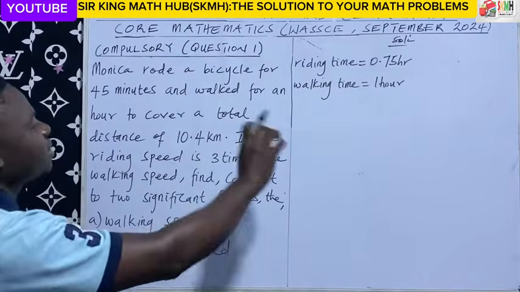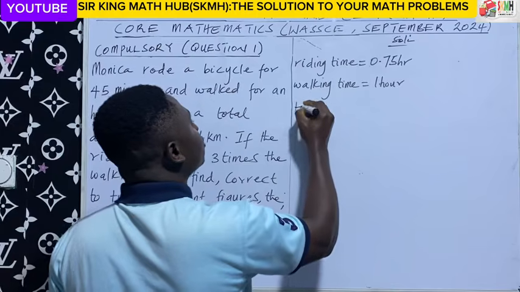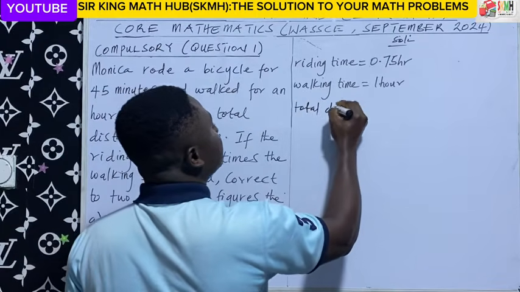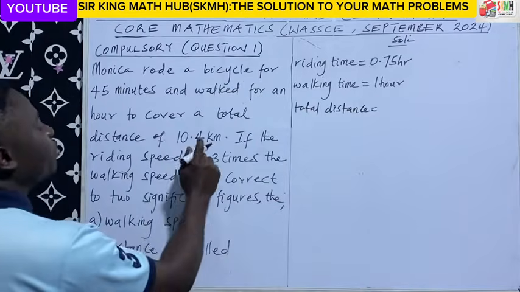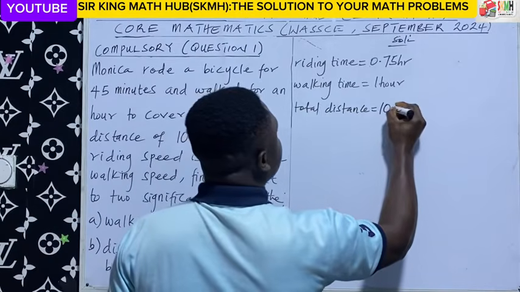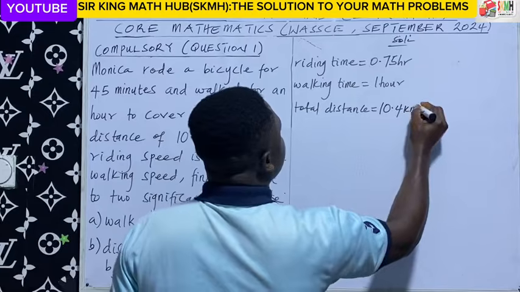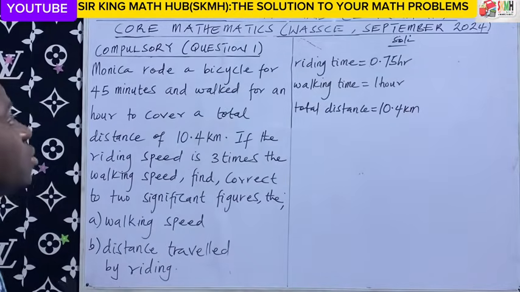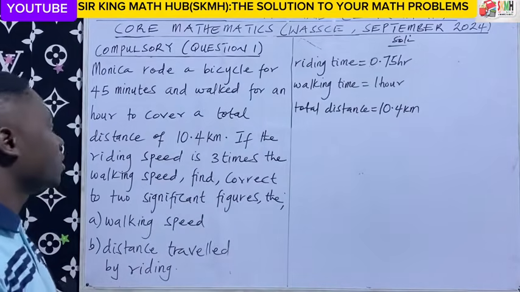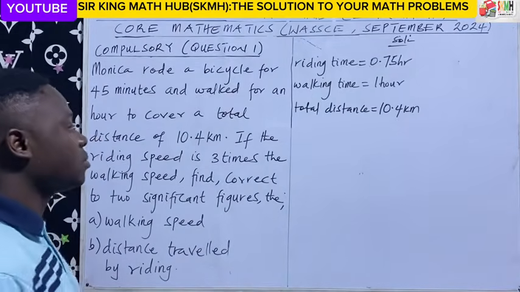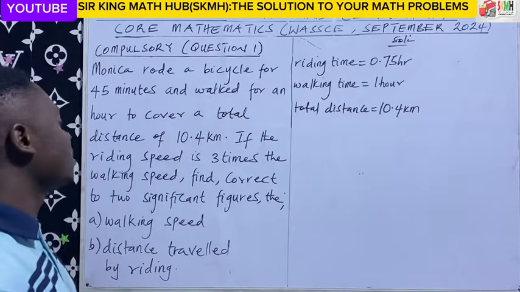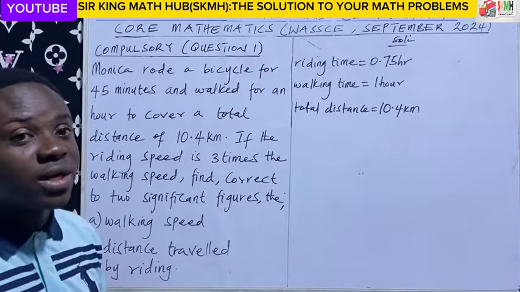And what was the total distance covered? The total distance was 10.4 kilometers. That is the total distance covered by Monica. Now, we are told that the riding speed is 3 times the walking speed.